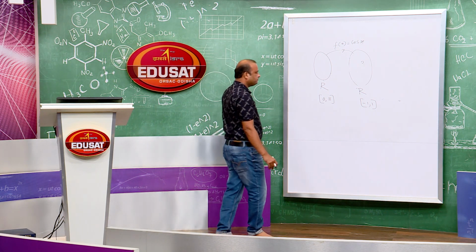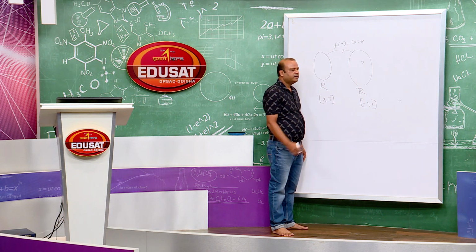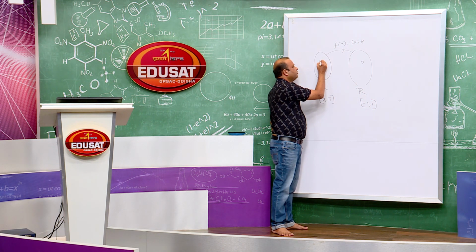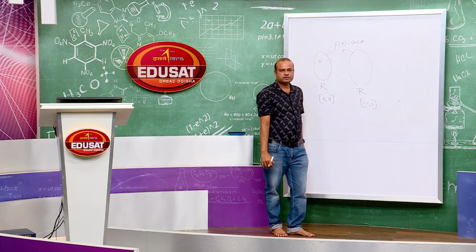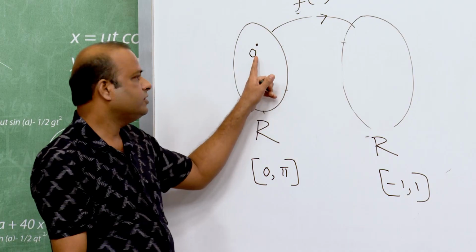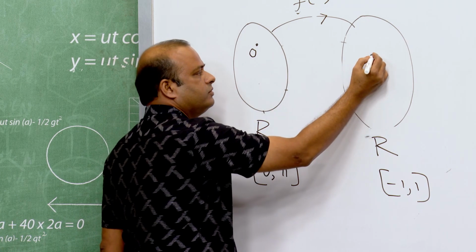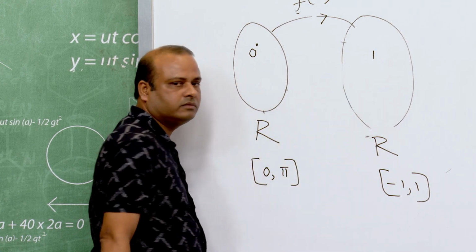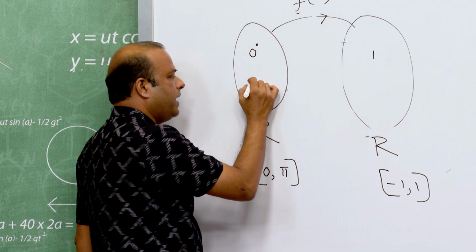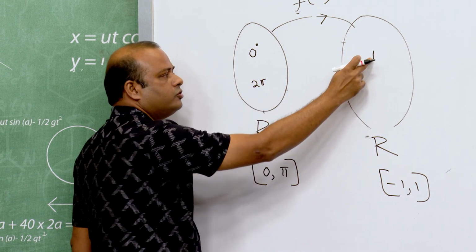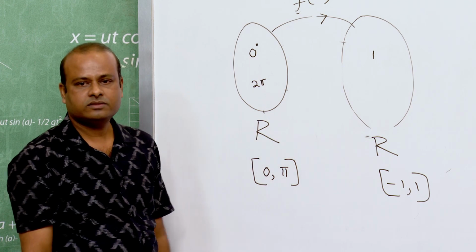Here you can see, suppose in the case of R to R, take a point 0. I am talking about angles. So, take the angle 0 degree. For 0 degree the value is 1, and for 2 pi it is also 1, because R contains all angles.